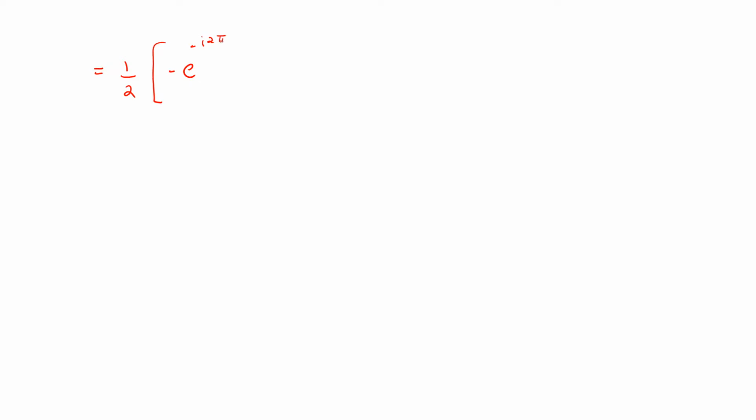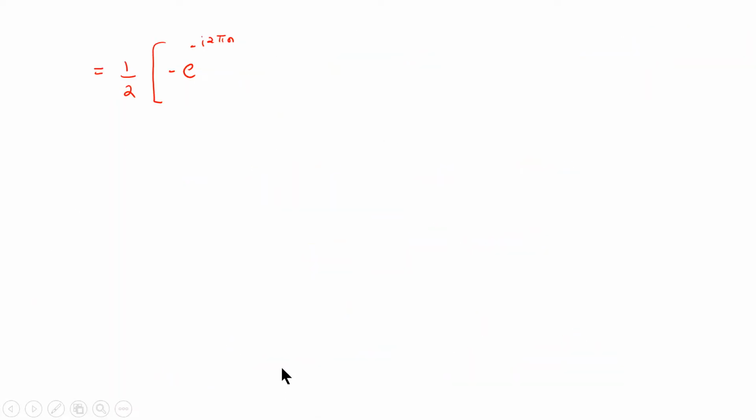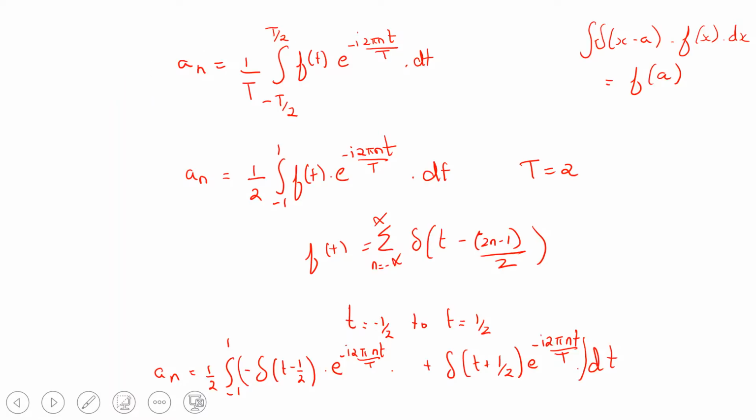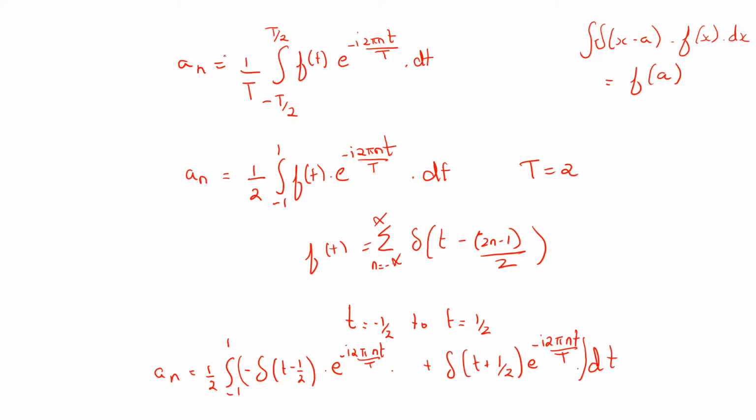In the exponential term, just put the value of where the delta function has a spike. So this is t equal to half, so I just put half here. And another one, here the time period T is equal to 2, so just substitute that.